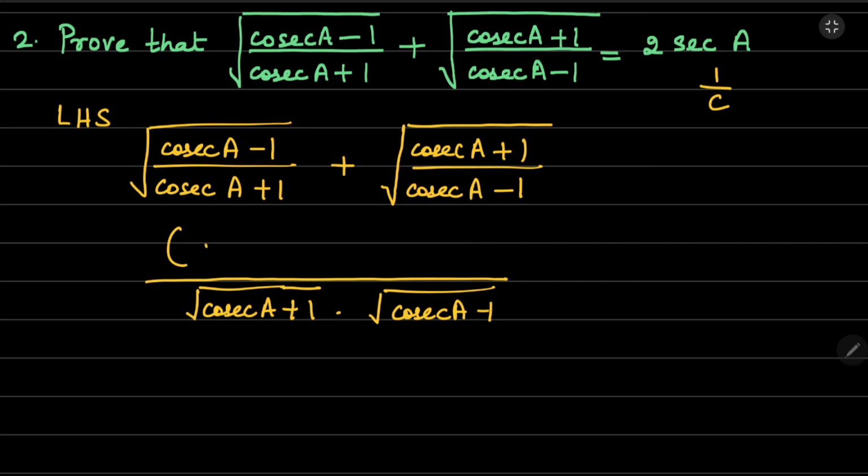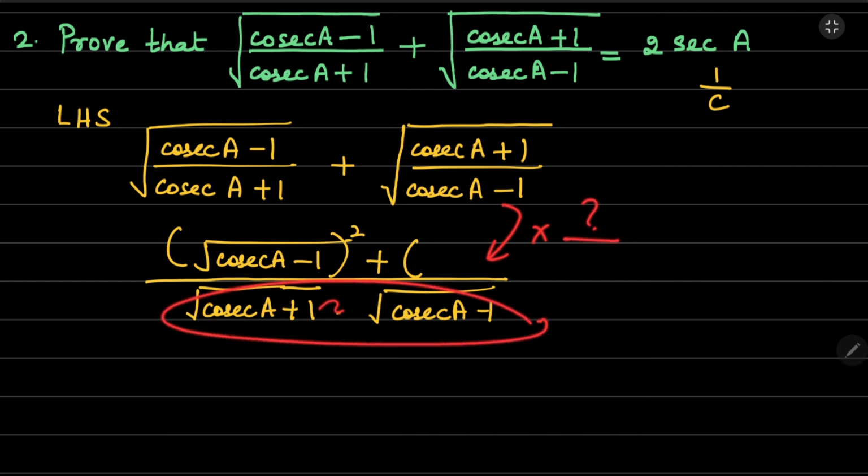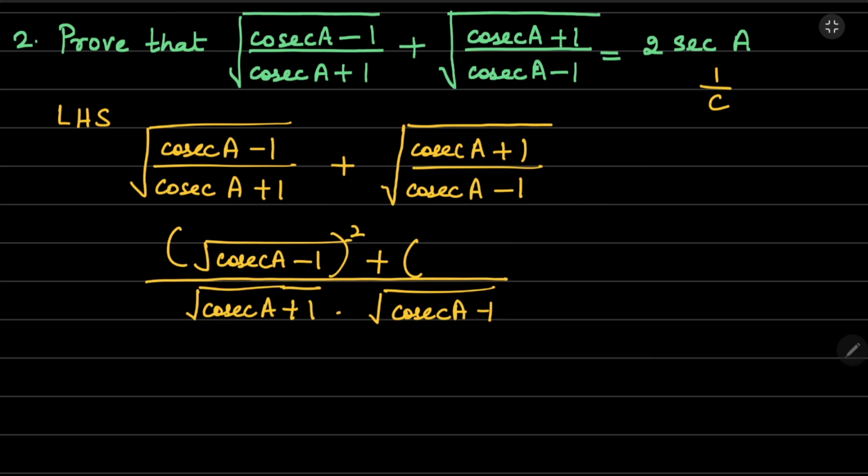You will be getting the square, the square root of (cosec A minus 1) the whole square, plus similarly, root of (cosec A minus 1) multiplied by what will give you this product? It will be cosec A plus 1, so you multiply it with the numerator. Again, square root of (cosec A plus 1) the whole square.